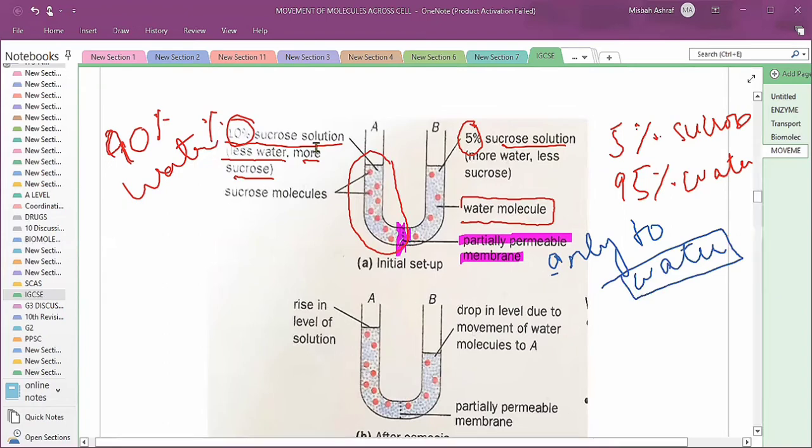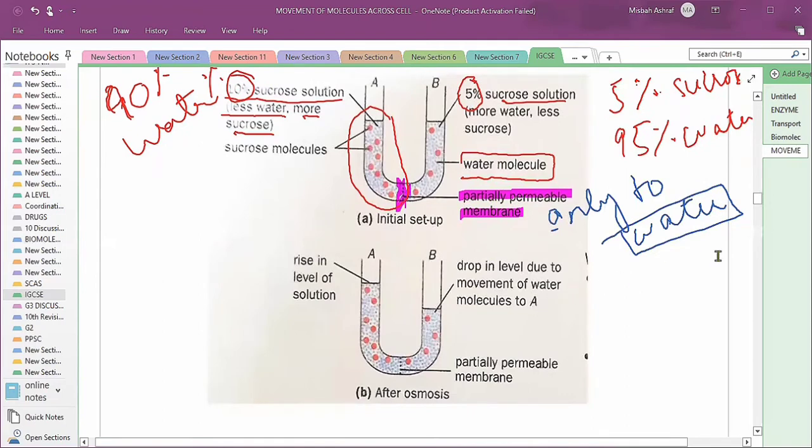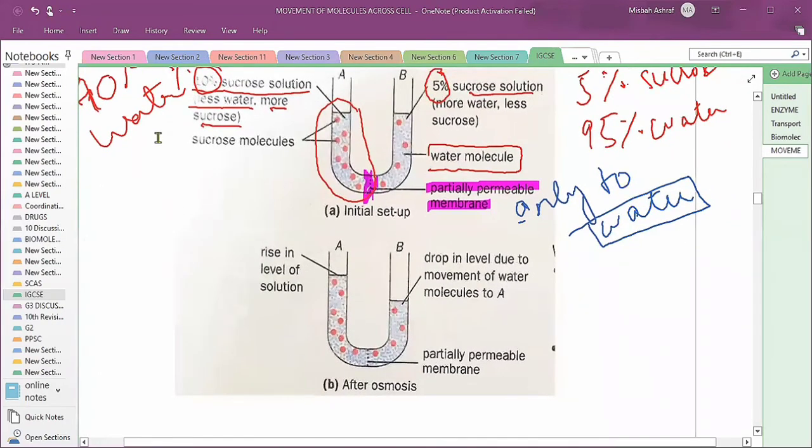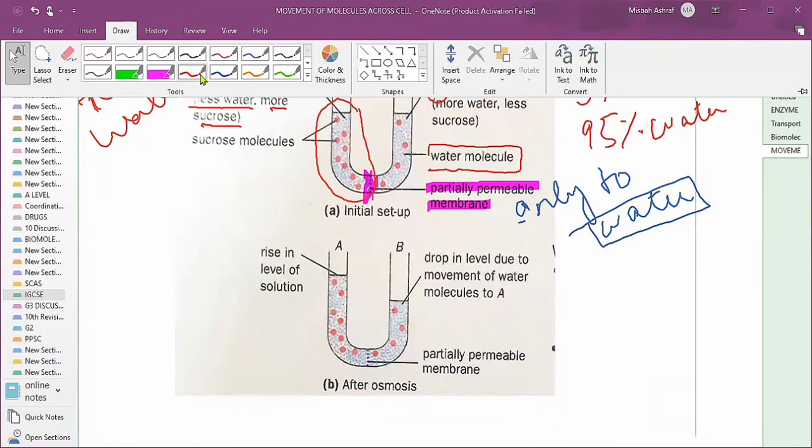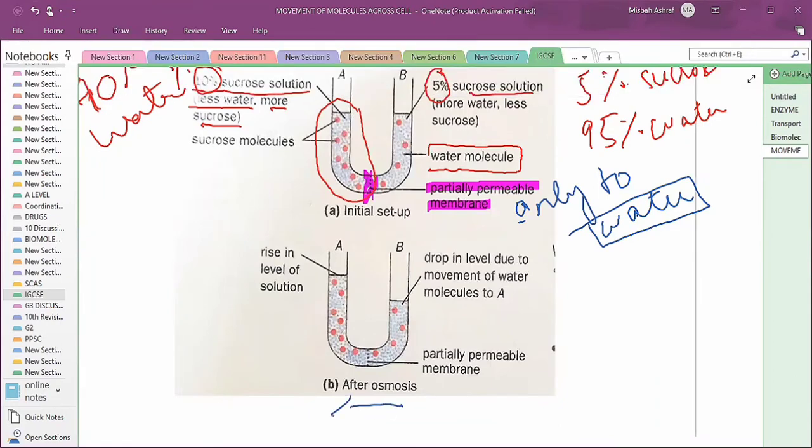It will not allow sucrose molecules to pass through it. So only water molecules will move from this side to this side, from B to A side.